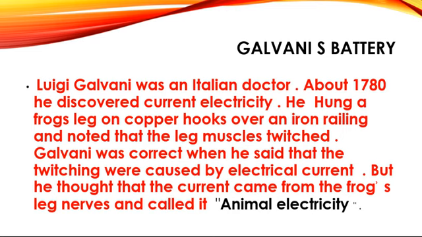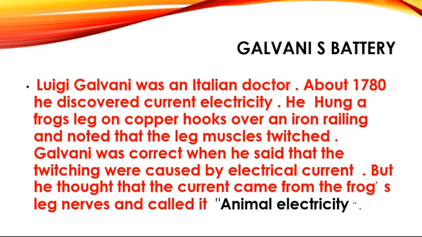The next battery is Galvani's battery. Luigi Galvani was an Italian doctor, about 1718. He discovered current electricity. He hung a frog leg on copper hooks over an iron railing and noted that the leg muscle twitched. The leg muscles moved.